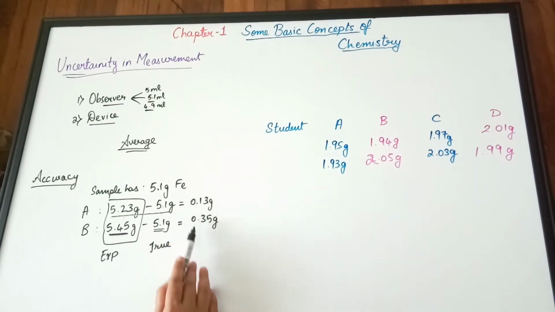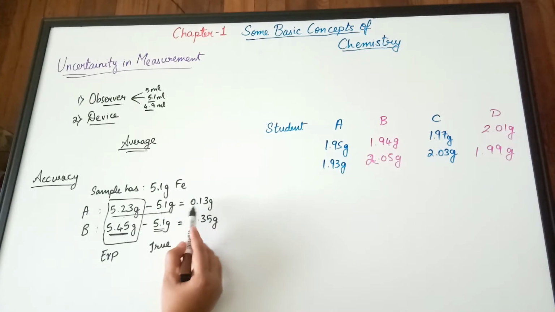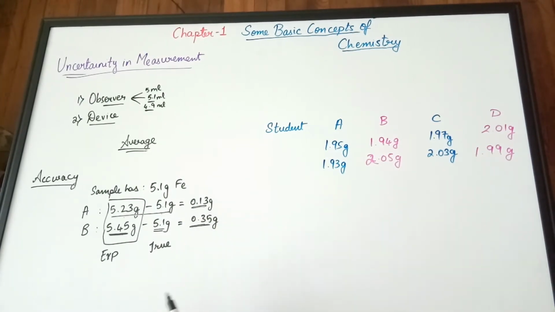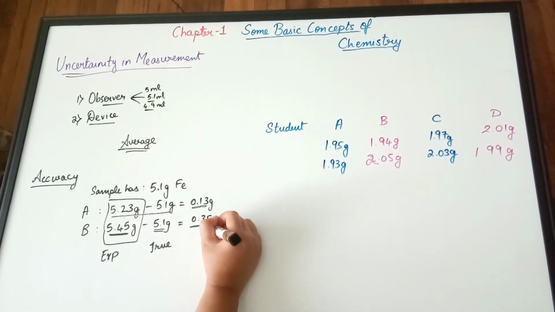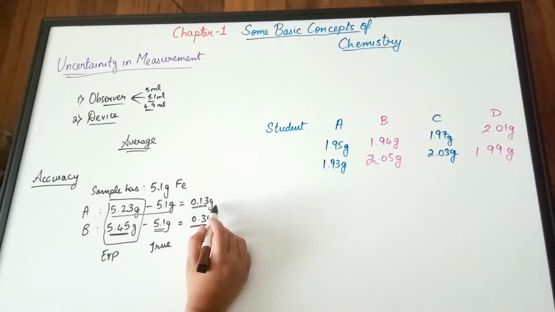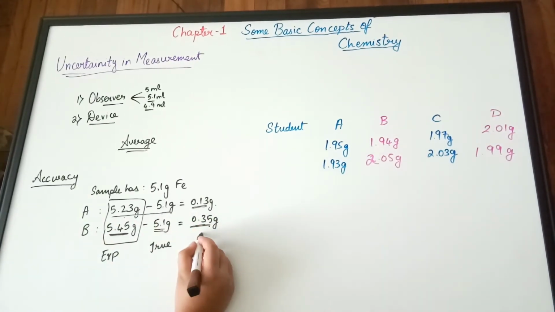The less the difference, the lesser the value, and the more the accuracy. So 0.13 is less than 0.35, so this person's method is more accurate than this one.